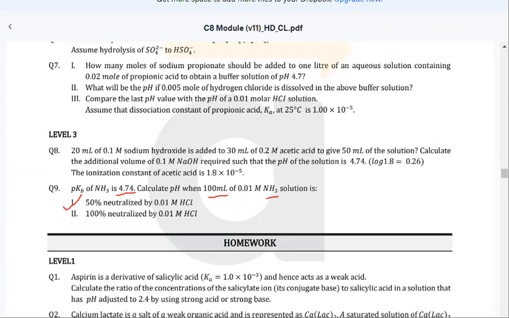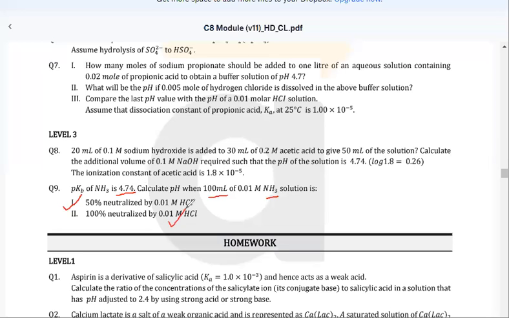So what is log 1? Log 1 is 0. So can I say that pOH is equal to pKb in this case? Right? So what is pH? pH is 14 minus pKb, so 14 minus 4.74, as simple as that.